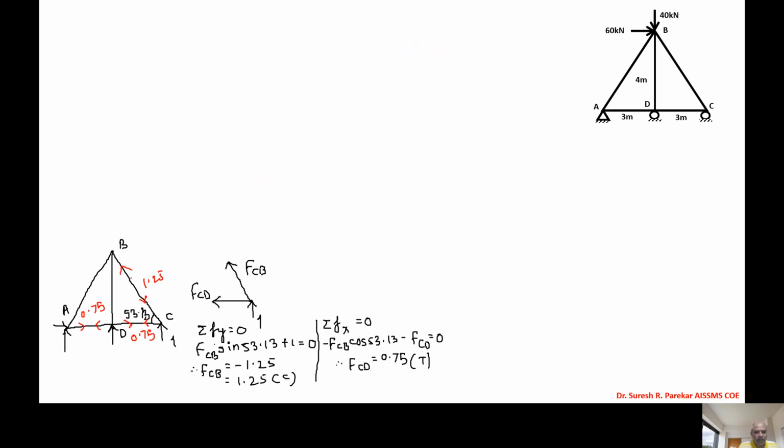Now you can see we have this 1.25 making angle 53.13. This is also the same, so we are going to get force in this also the same value, 1.25. Then only the horizontal component will be balanced.